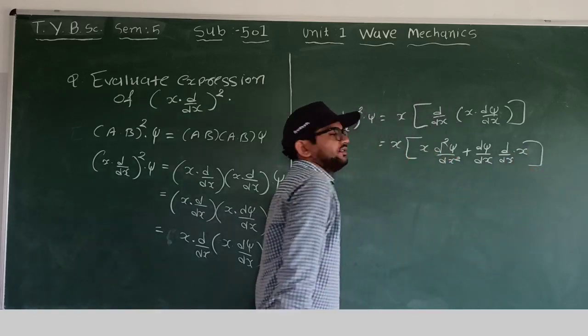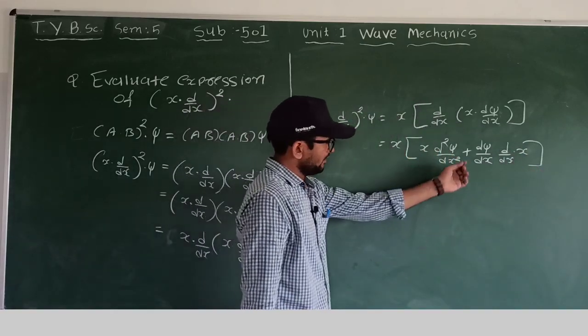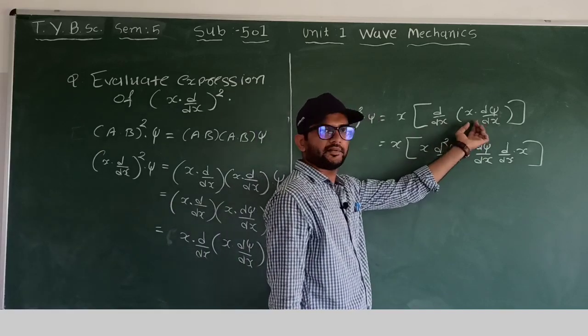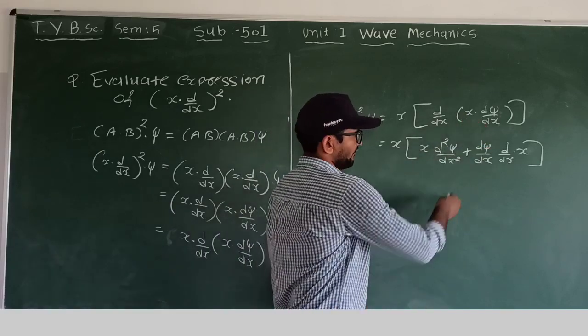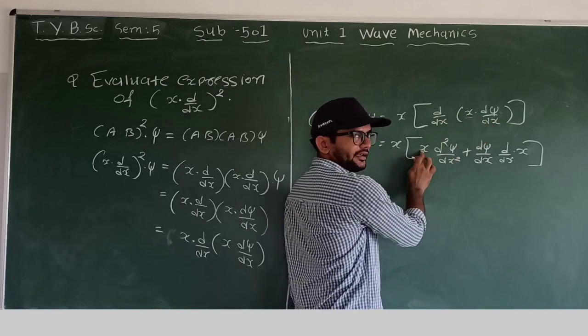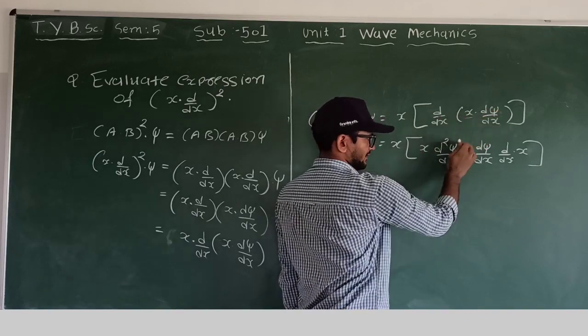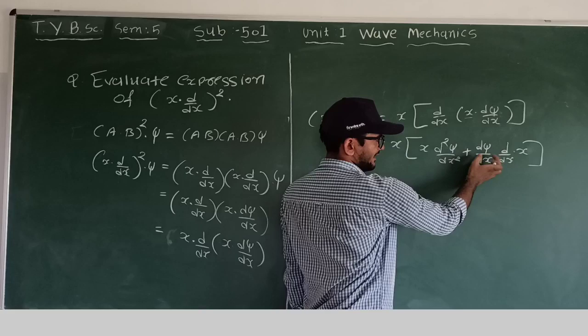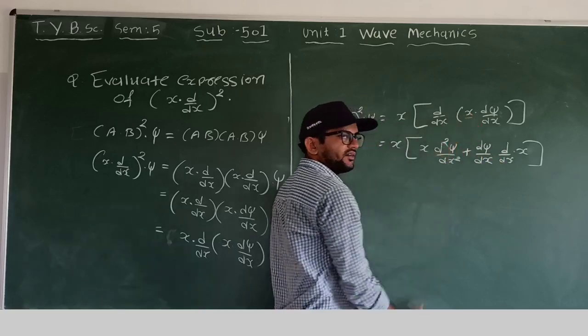Okay, so this is the basic multiplication rule of differentiation. In this case, first function remains as it is and d/dx of another function, plus another function remains as it is and d/dx of first function.